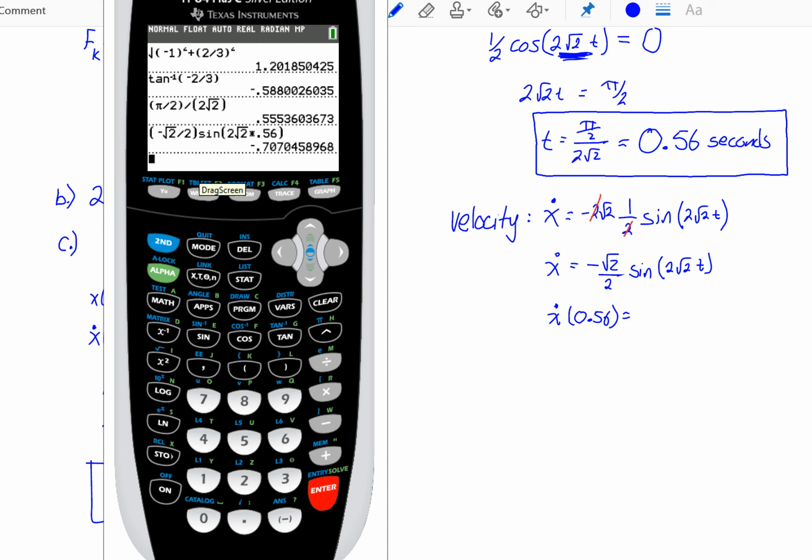Oh, and I think I actually made an error. I've just now noticed this. I canceled these 2's back here, so it shouldn't be divided by 2. This should be just √2. Let me change my answer in the calculator. It shouldn't be √2 divided by 2.